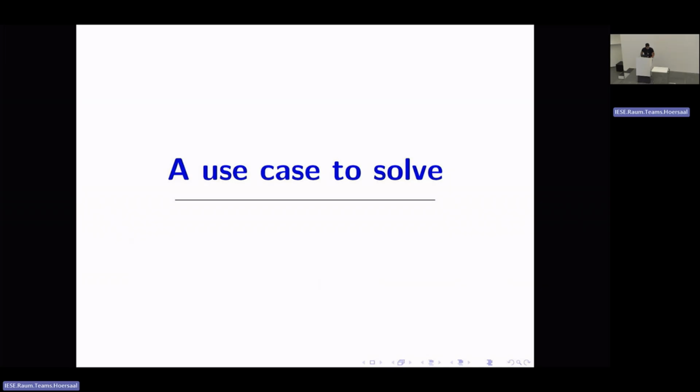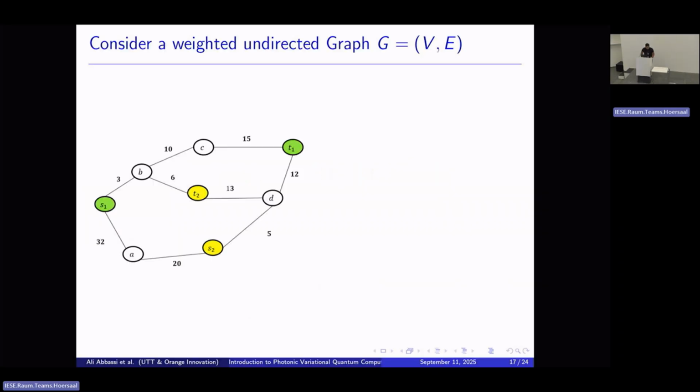So a use case is to have a Hamiltonian that describes an operations research problem. And in our case, it's the minimal multi-cut. It's the generalization of the min cut, but spoiler alert, we solved the min cut, not this one.